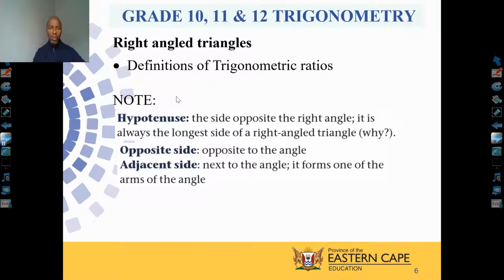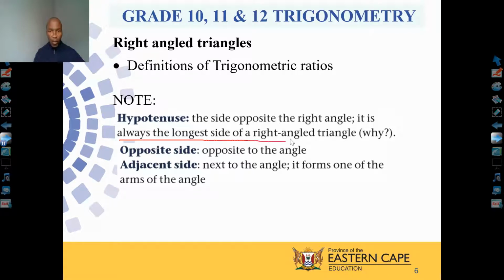The definitions of trigonometric ratios, please note the following. We're still talking about right-angled triangles. If we talk of the hypotenuse, we are talking of the side opposite to the right angle, as I indicated before. It is always the longest side of a right-angled triangle.